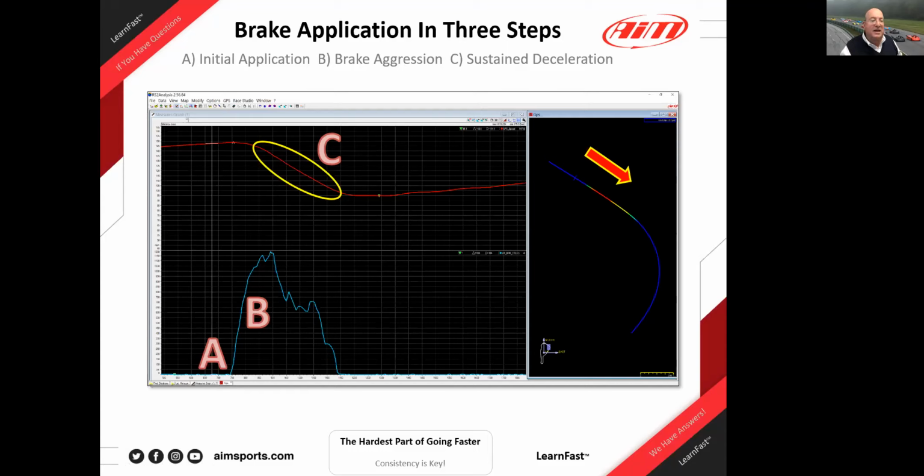His brake aggression was actually a mathematical channel manipulation of a raw measure that allowed you to assign an objective value to how aggressive, how much and how fast a racing driver applied the brakes and decelerated the car. So brake aggression is very important.